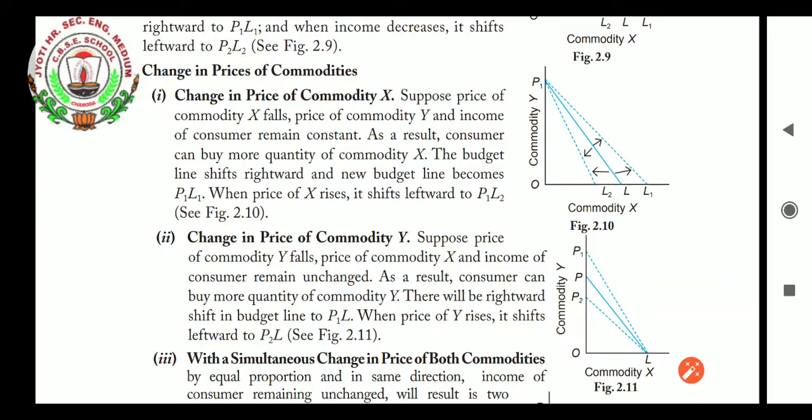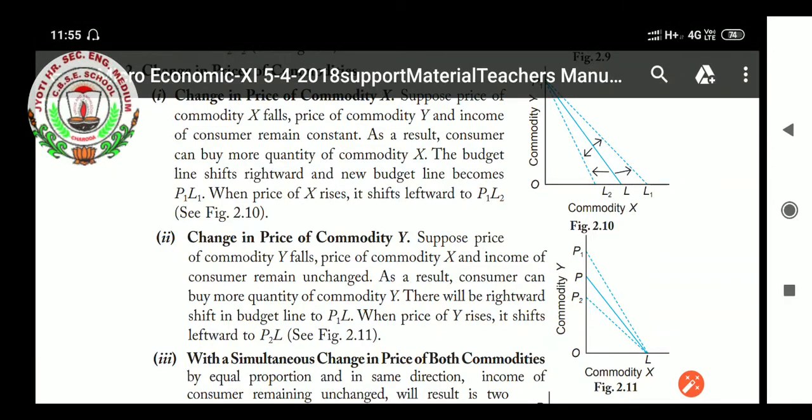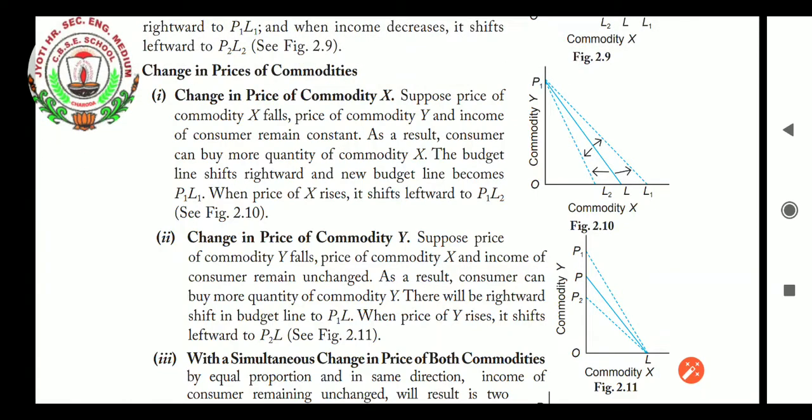Y stays at the same point, but X changes from L to L1; it has increased from L to L1. And if the price of commodity X increases, the line will shift from L to L2. You can see the dots here in the graph, figure 2.9.